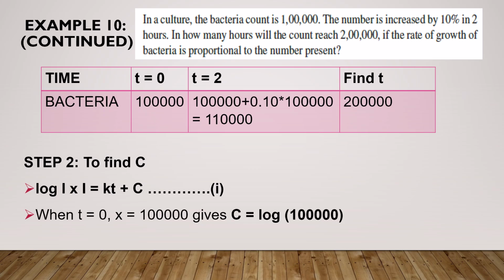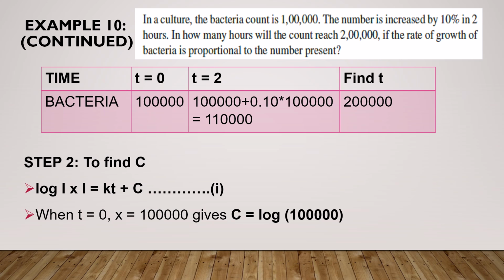So when t is equal to 2, what will be the count of bacteria? Originally 1 lakh plus 10% of 1 lakh, which is 10,000. So 1 lakh plus 10,000 is 1 lakh 10,000. Next, what we need to find is when your count will reach 2 lakh. That means you have to find the value of t when the count of bacteria is 2 lakh. So these three things are given to us.